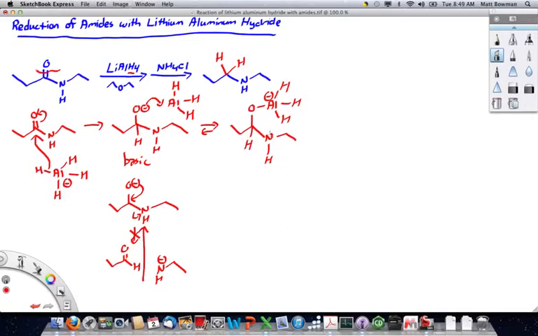Now this species here, this nitrogen has a lone pair. What can happen is the nitrogen's lone pair comes down and kicks this oxygen off. This is a reversible process.